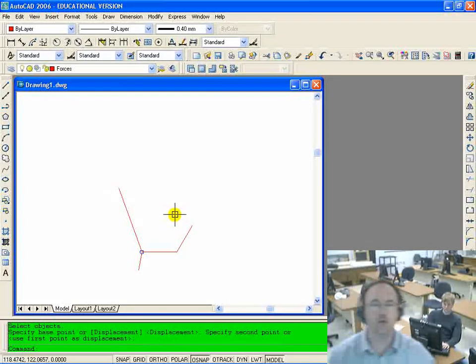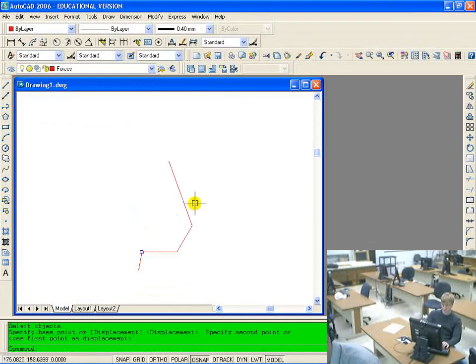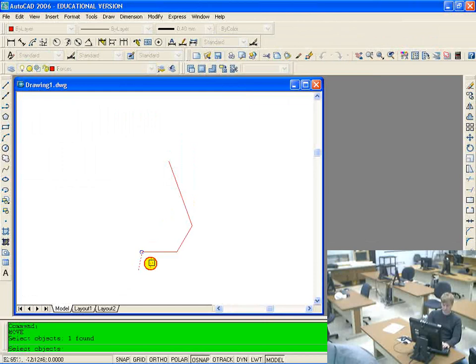And notice I'm using the O snaps. I'm physically snapping to these points. I'm going to move this from this end point up to here. And I'm going to move this from here up to there.